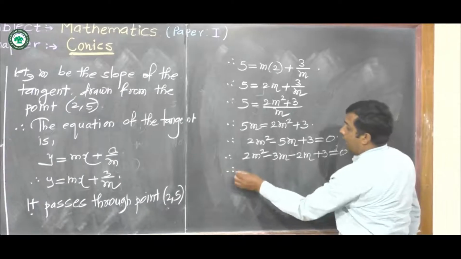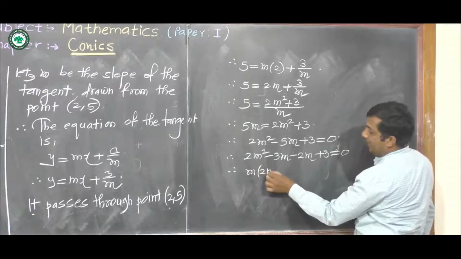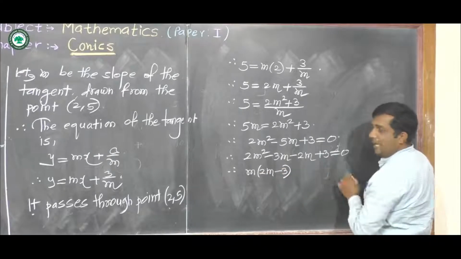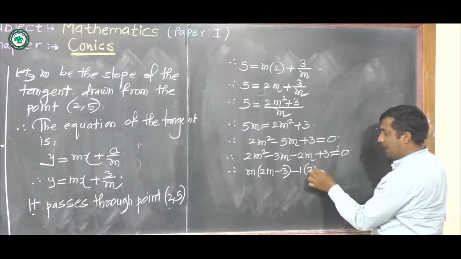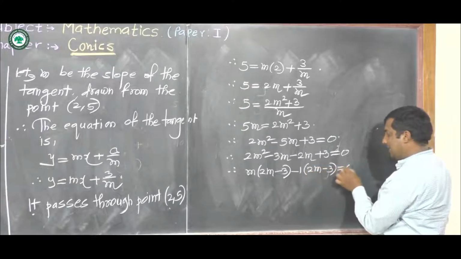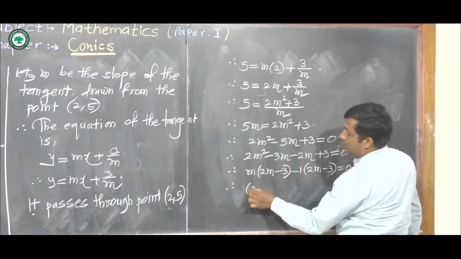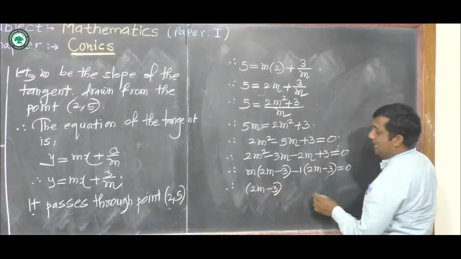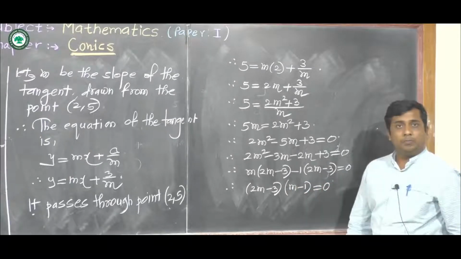Okay, therefore here we keep m as common, then inside the bracket 2m minus 3. Here we keep minus 1 as common, so minus 1 into bracket 2m minus 3 is equal to 0. Okay, then here we get (2m minus 3) into (m minus 1) is equal to 0.